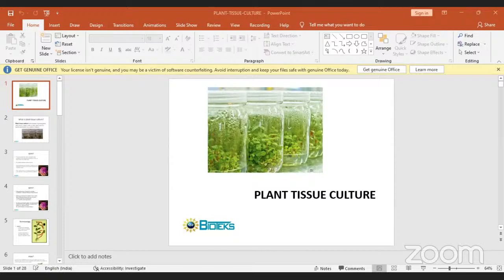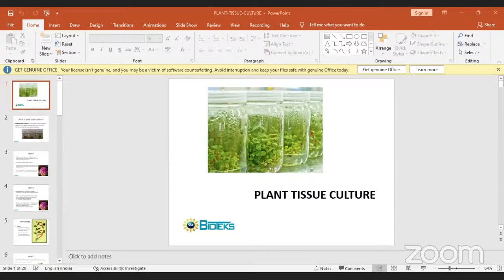The second one is in production of virus-free plants. The third one is in germplasm conservation.